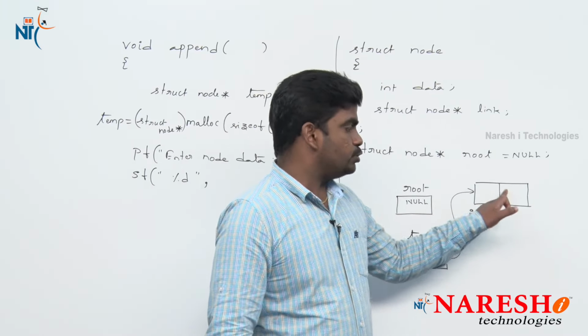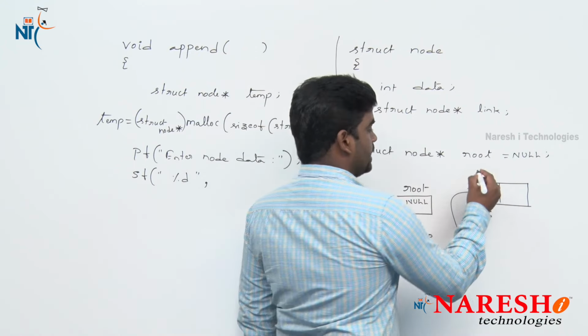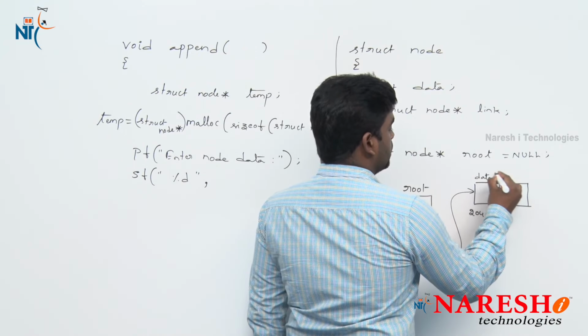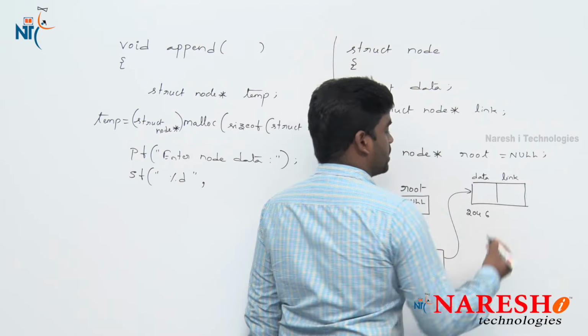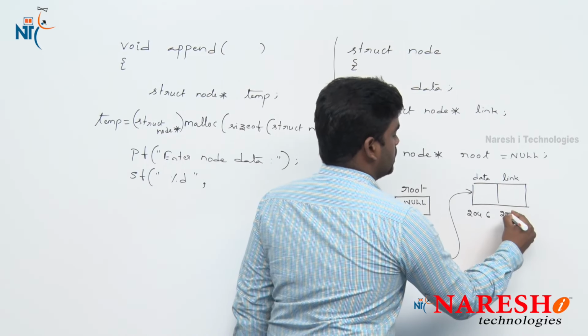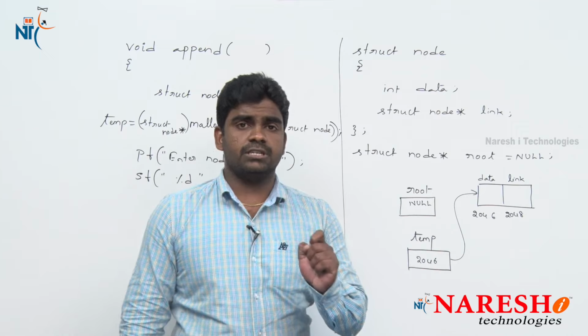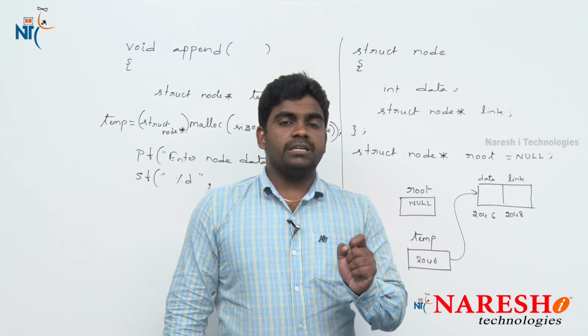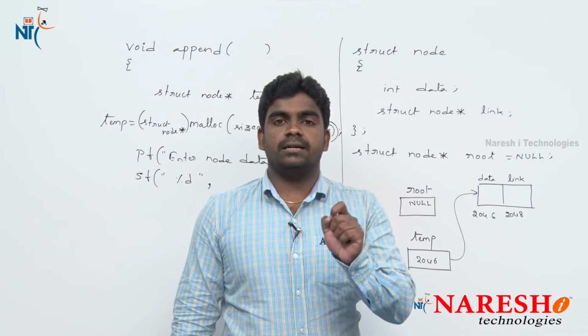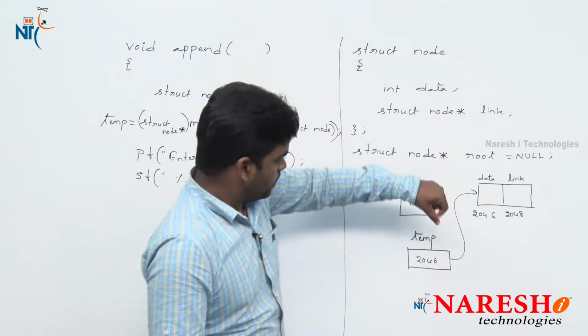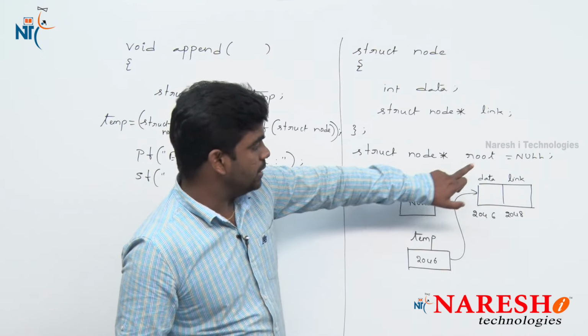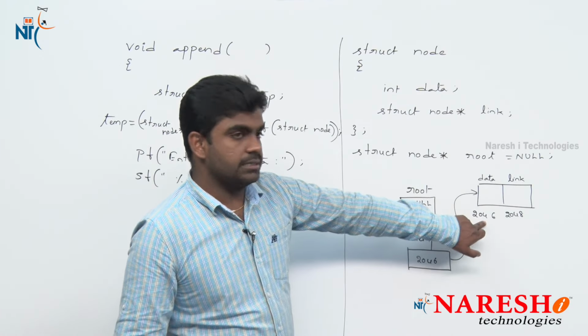Now observe very clearly temp. The node has two fields, the data field and the link field. Consider the addresses 2046 and the next one 2048. For the scanf function, to read the information we have to provide the base address, very important. See, temp to data address.